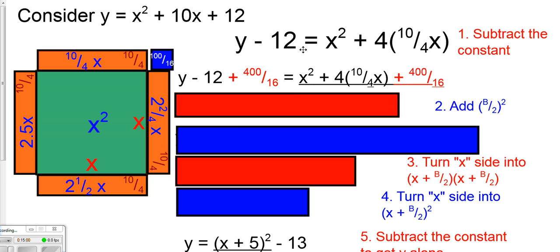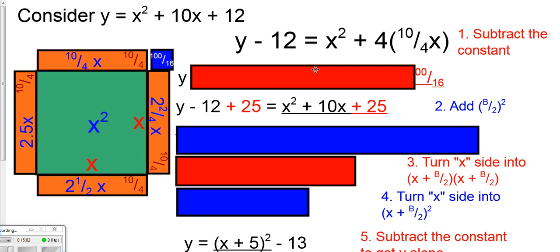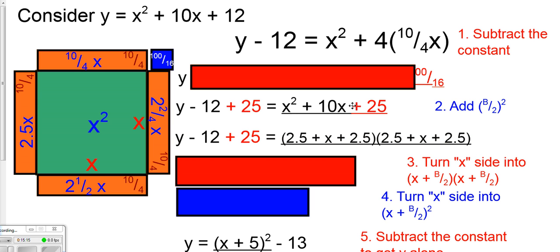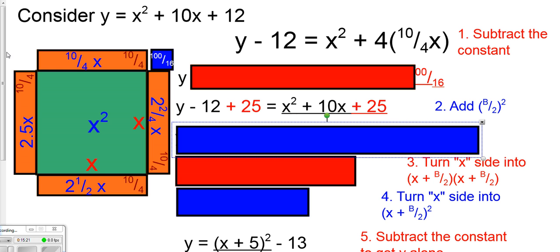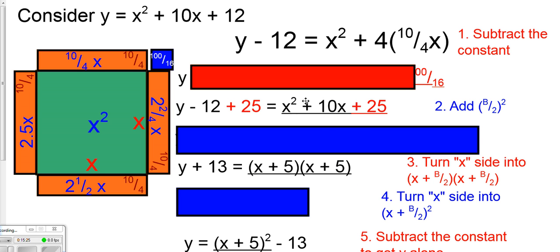But that's kind of hard to think about. So let's just think about I'm adding 25 to both sides. I took half of b, which is 5, and squared it. So 25 got added to both sides. Now, again, I'm looking at them all in my lengths, but that's kind of weird to think about. So instead of thinking of it as the square, let's just turn this into x plus 5 times x plus 5.